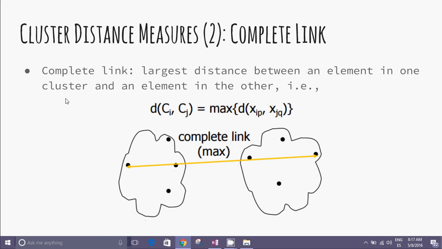The second measure, the complete link, is the maximal. We find the largest distance between an element in one cluster and an element in the other cluster and select the maximal.